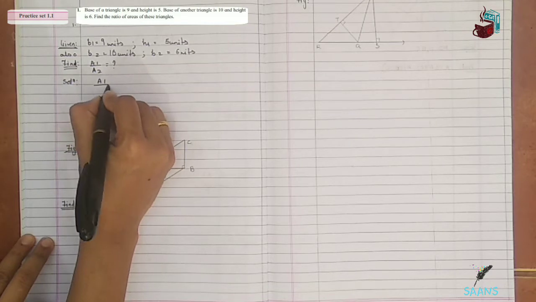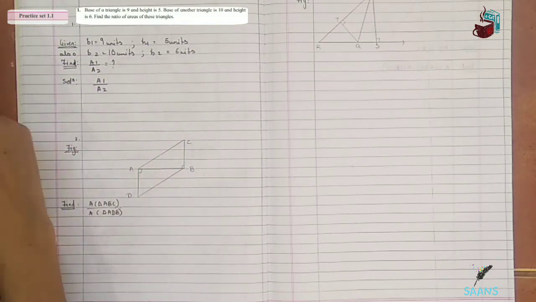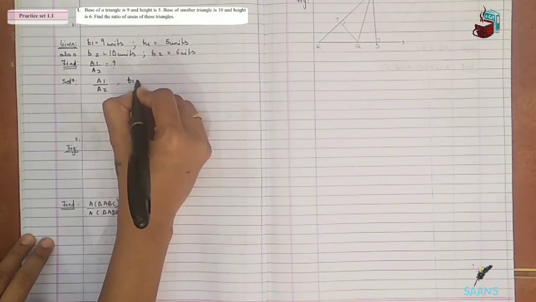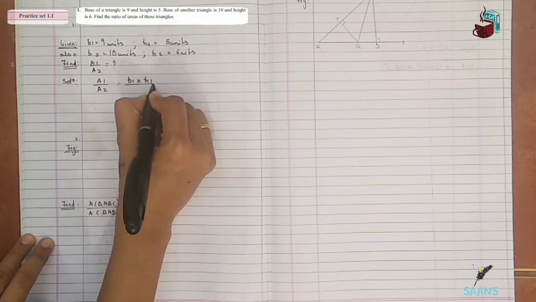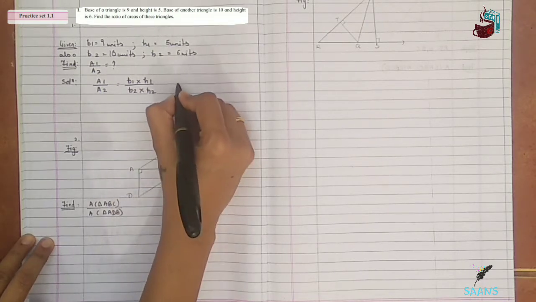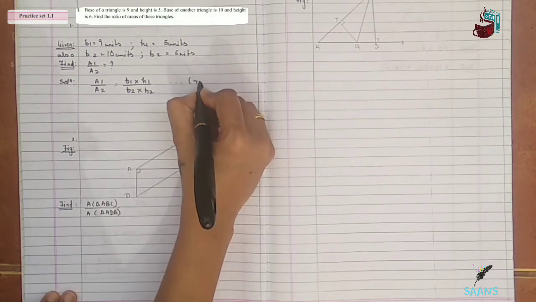So, A1 upon A2 is nothing but B1 into H1 upon B2 into H2. Ratio of area of two triangles.